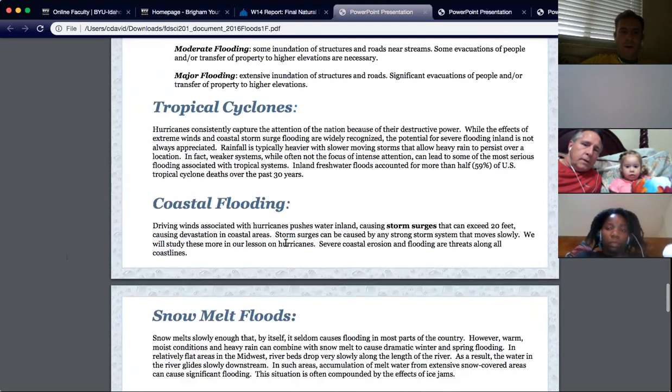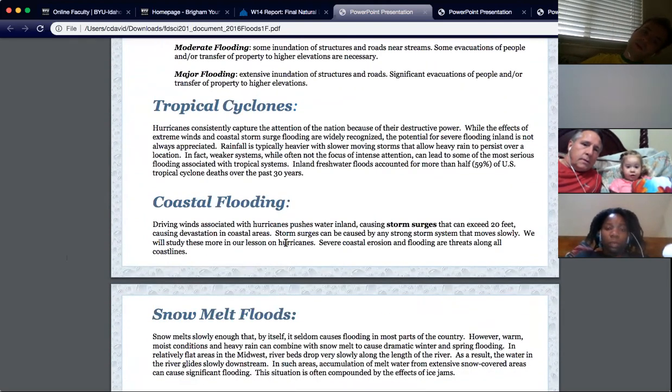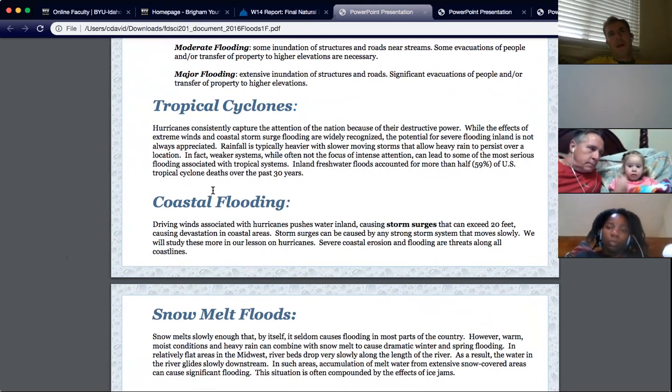Okay. Then you can get flooding from cyclones, coastal flooding, and we'll talk more about these when we get to hurricanes, not next week, but the following week. But basically, you get the big storm surges that come in with the hurricanes carrying a bunch of water and can flood onto the coast.